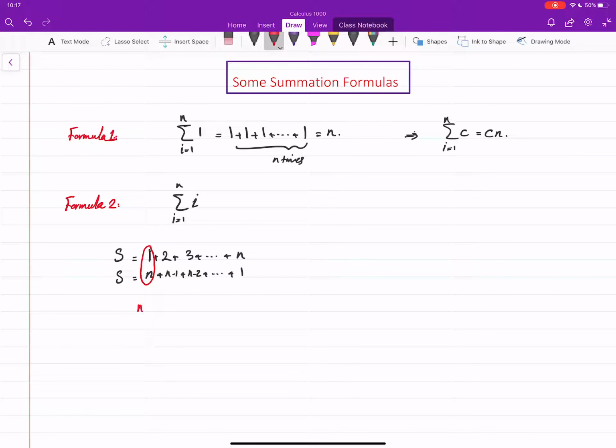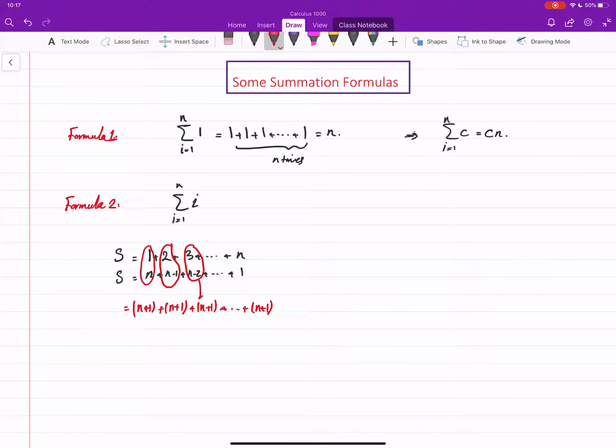You get n plus 1. The second column is n minus 1 plus 2, which is n plus 1. This will give us another n plus 1, and the last one, all of them will be n plus 1.